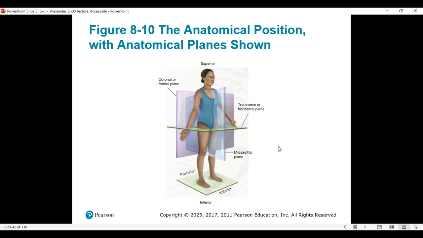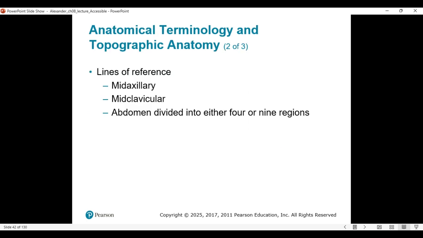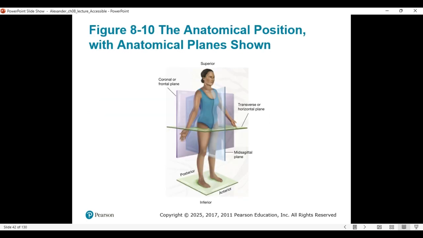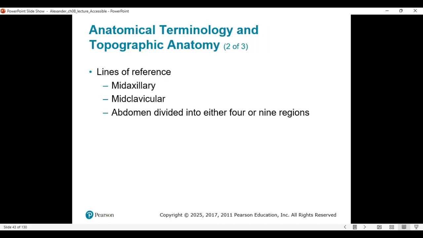And here's a nice picture of it. They give some directions here, like superior to the head, inferior to the feet, stuff like that. Lines of reference: mid-axillary is that imaginary line that goes underneath your armpit and splits your body into front and back. Mid-clavicle is just as it states, halfway across the clavicle bone.